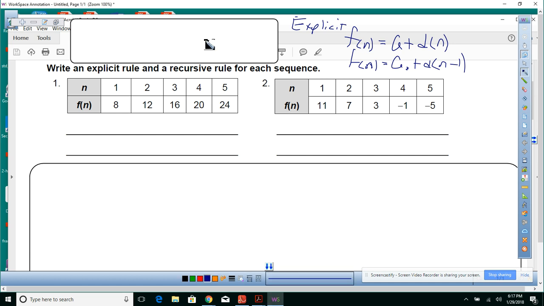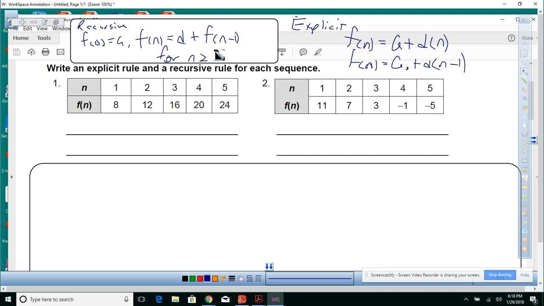For the recursive, we have f of 0 equals a, and f of n equals d plus f of n minus 1, for n is greater than or equal to 1. And that's a comma and not a sub 1.